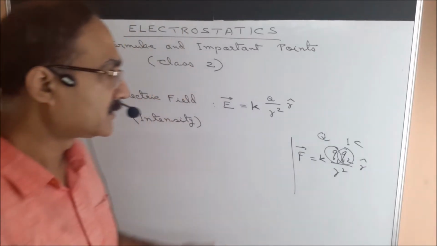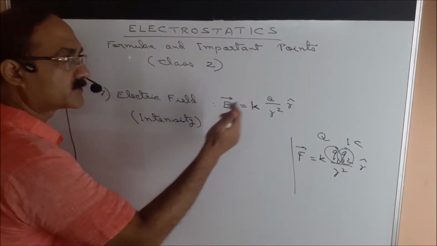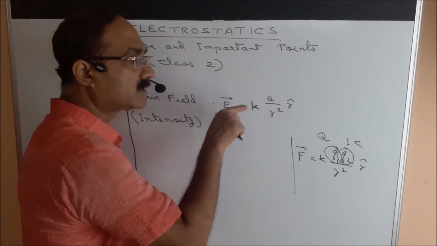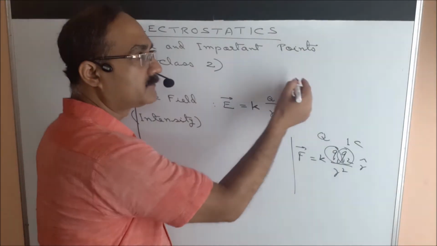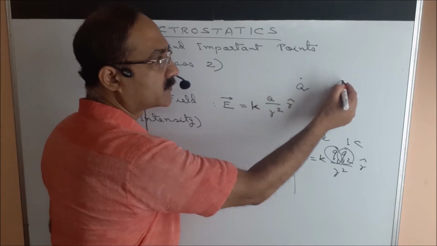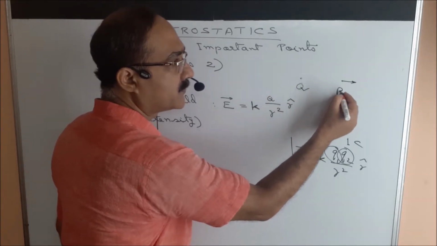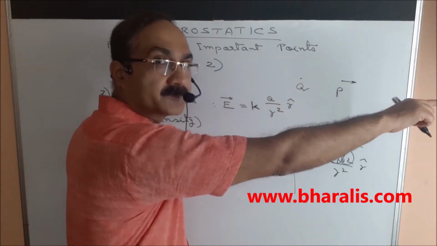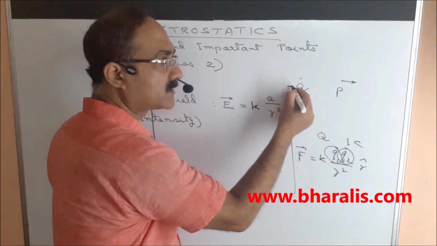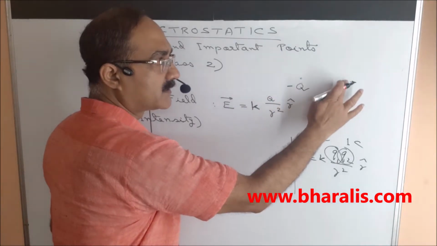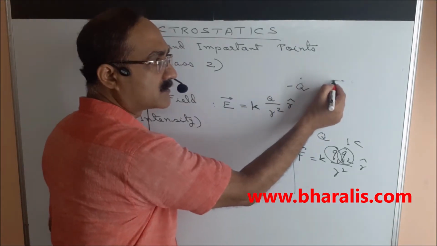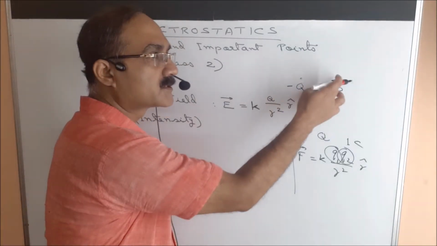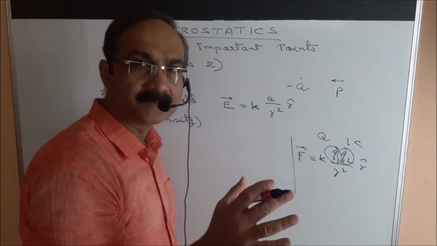Right? So if the charge is positive, then the electric field intensity will be in the direction from the charge Q to this. So if this is the point, electric field intensity will be along this direction, away from Q. And if the charge is negative, this Q is negative, then this electric field intensity will be along this direction, towards the charge minus Q. Clear?